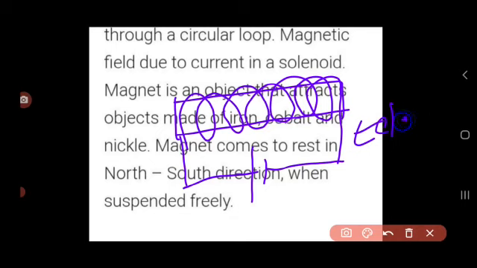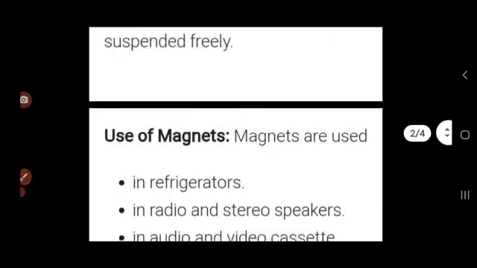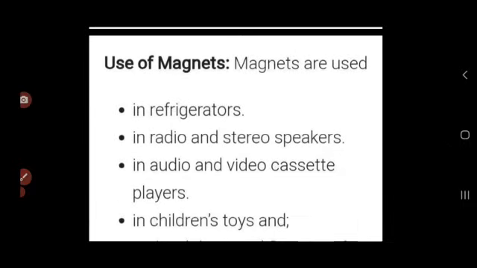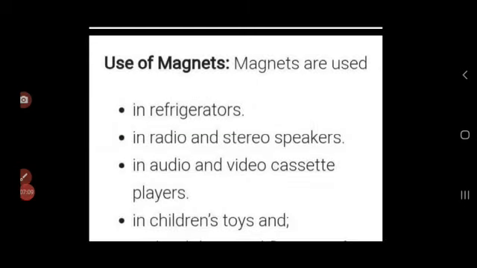Magnet is used in refrigerator, in radio and stereo speakers, in audio and video cassette players, and in children's toys.